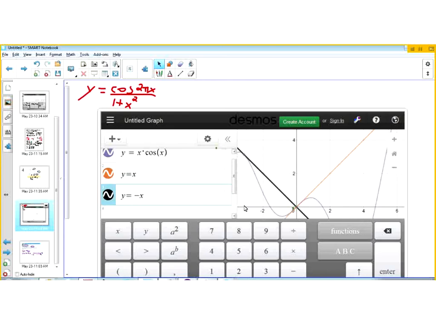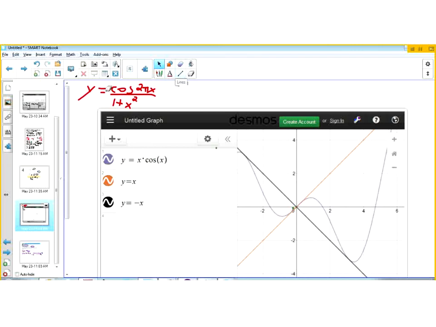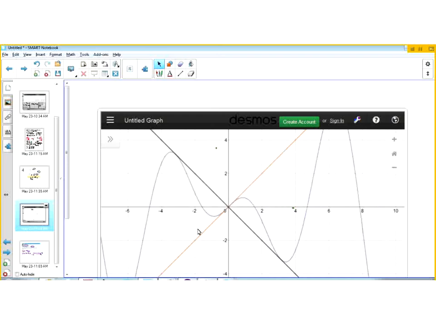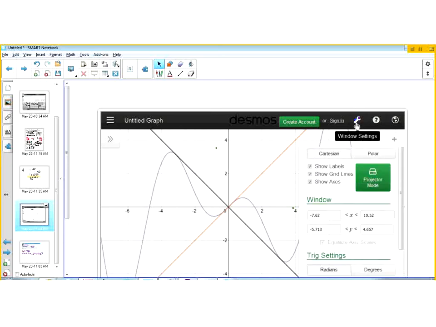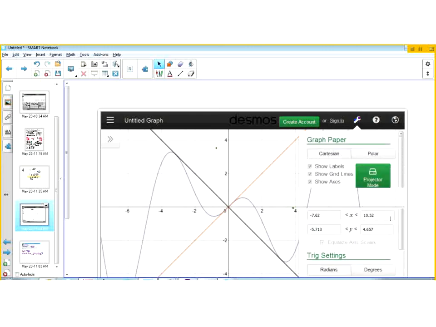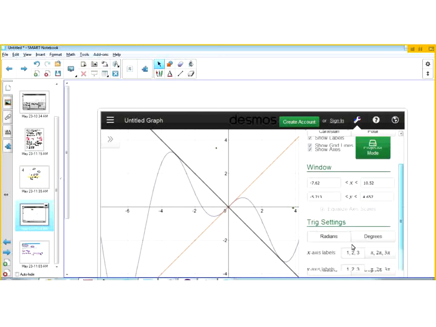Okay, so now let's see what the results are. The black and the orange curves define our envelope, and then we confine our sketch of the cosine function so that it's cosinusoidal, but it touches the boundaries of the envelope. Maybe if I adjust the x-axis so that the labels are in terms of pi.